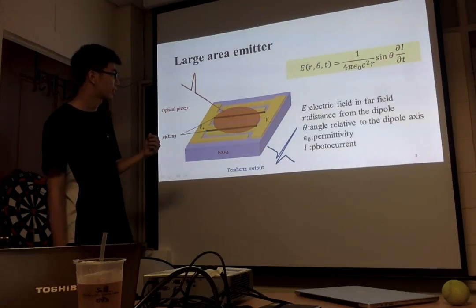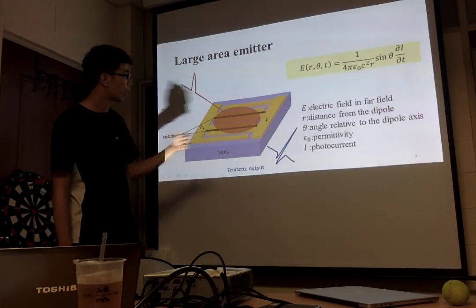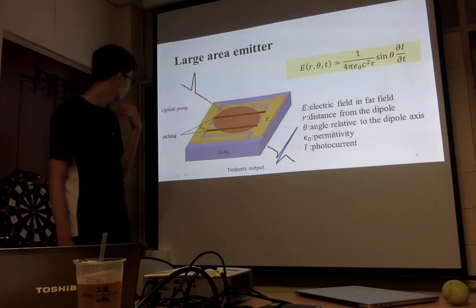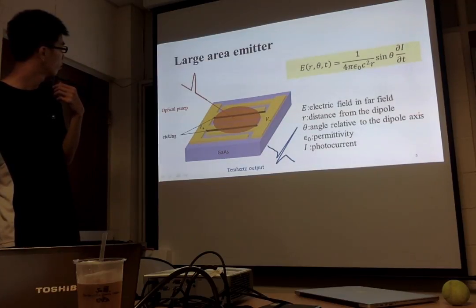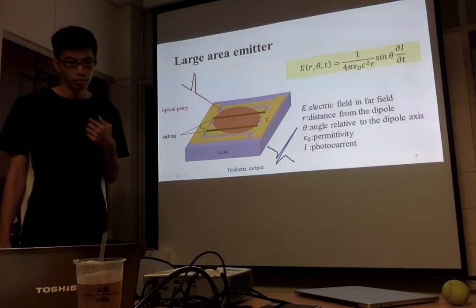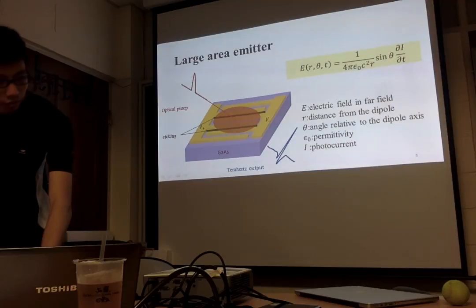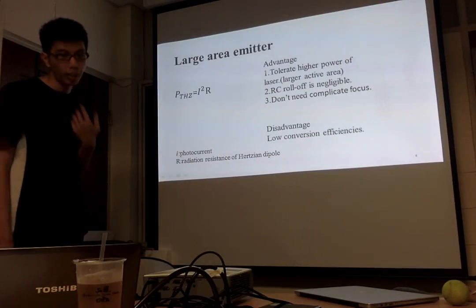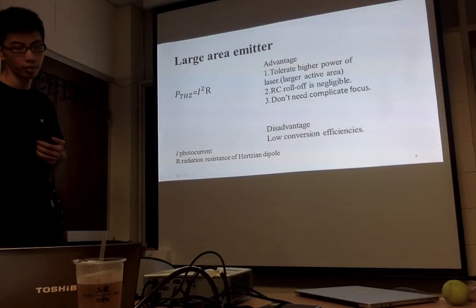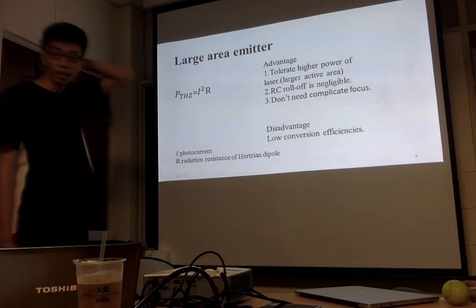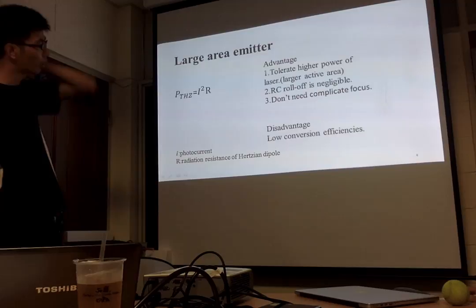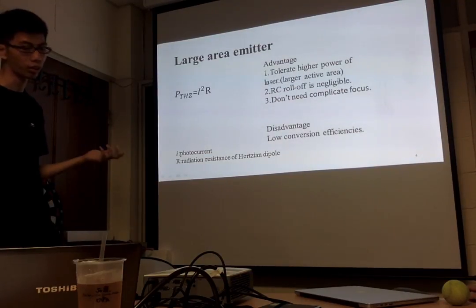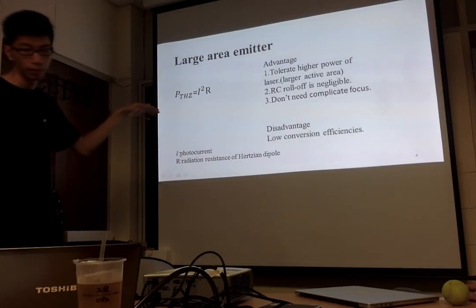And I is the photocurrent. And then, this term: the power of the large area emitter is proportional to current squared.